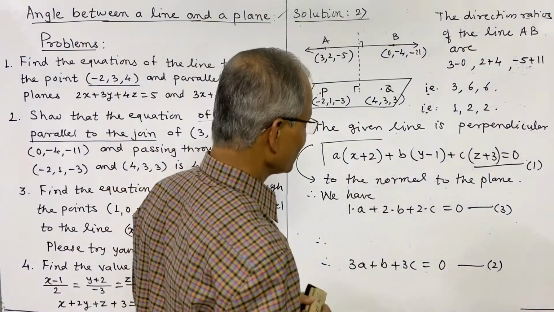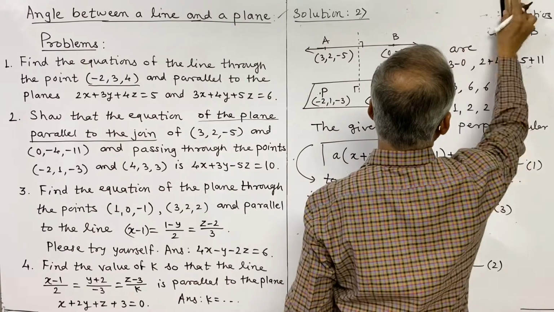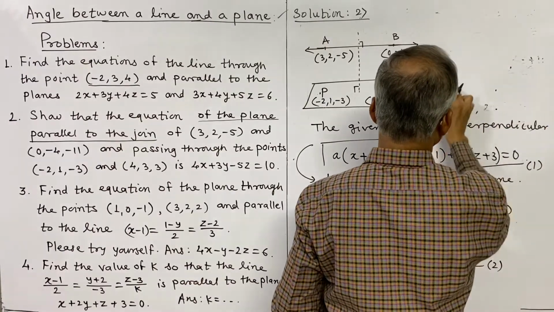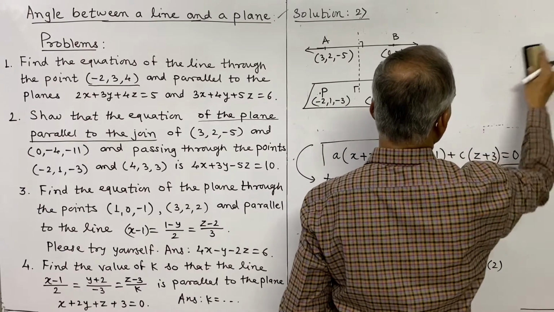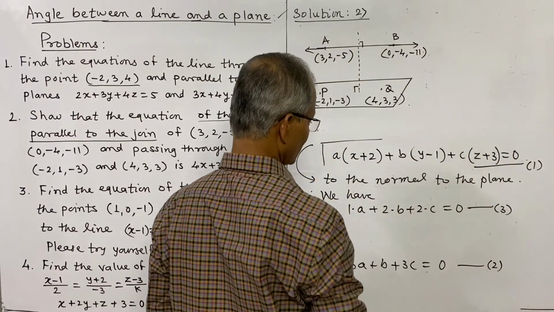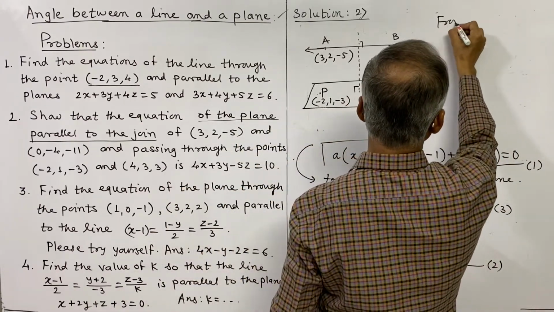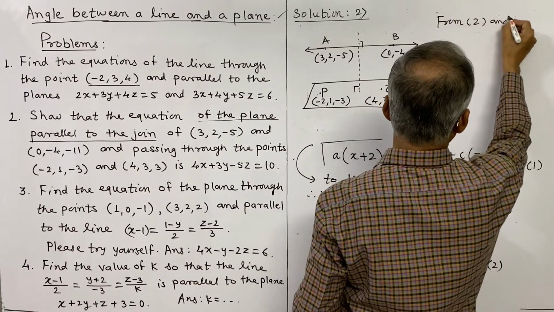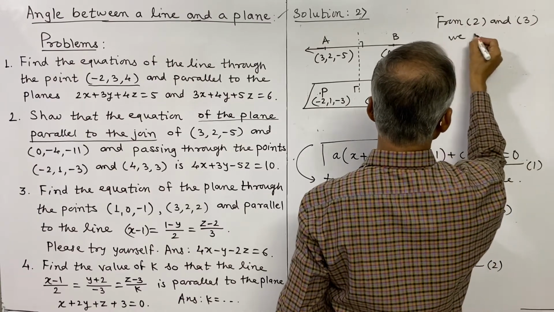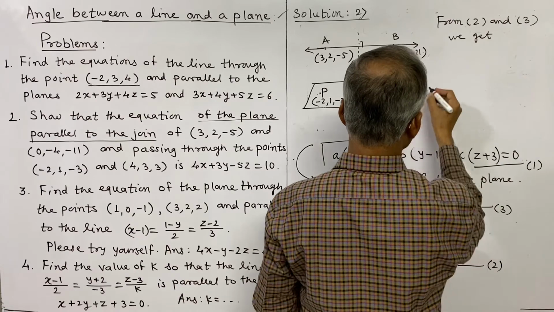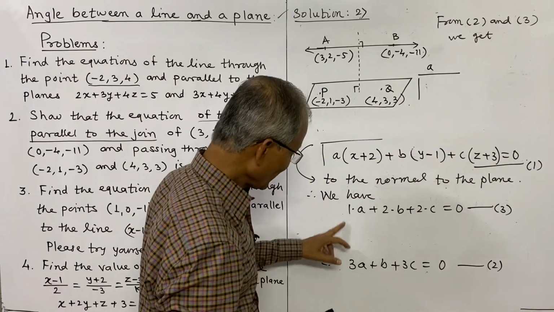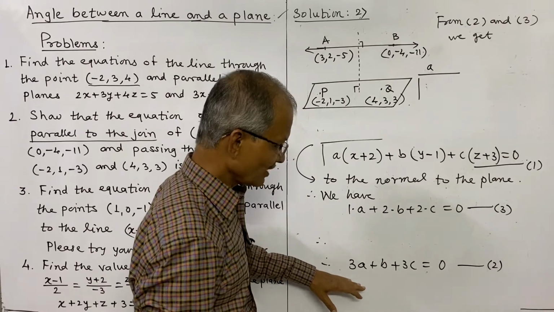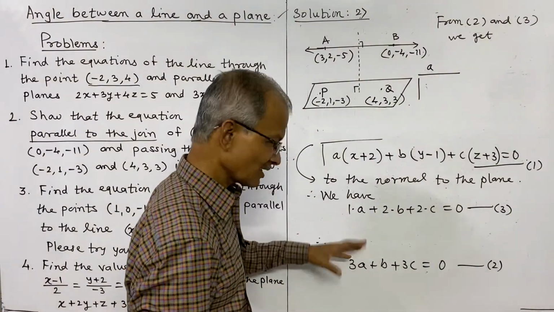So from 2 and 3 we get a divided by, and you may consider this as first equation and this as second, anyway.